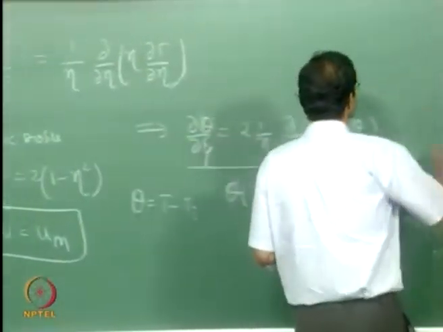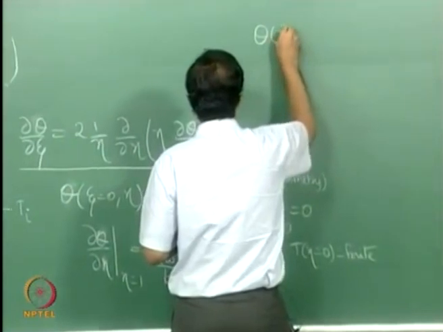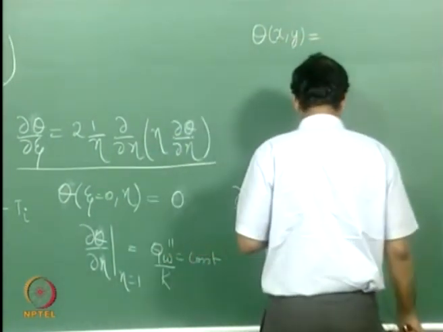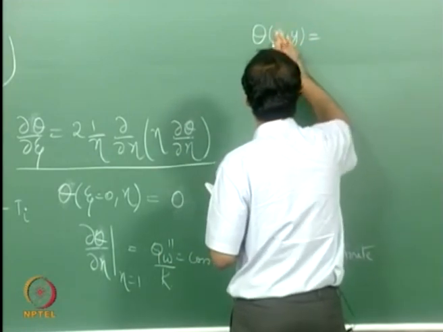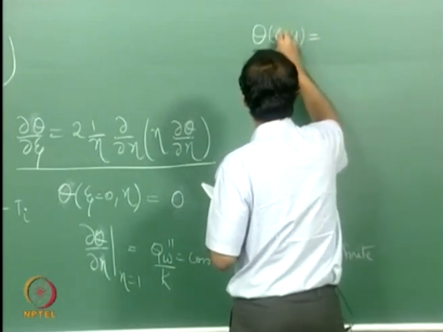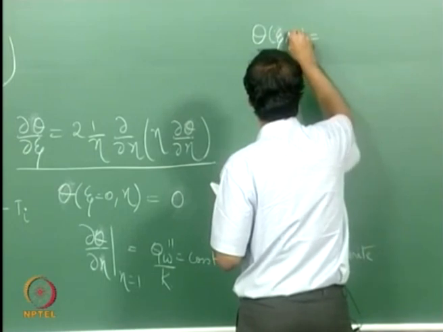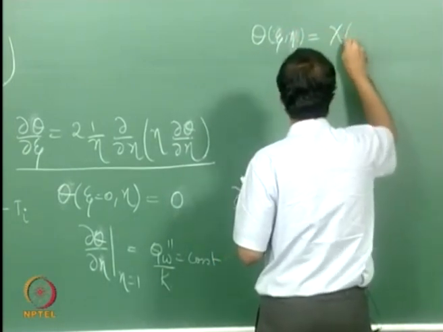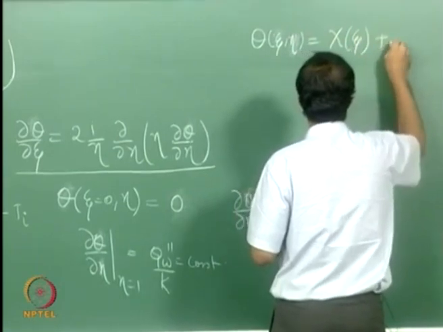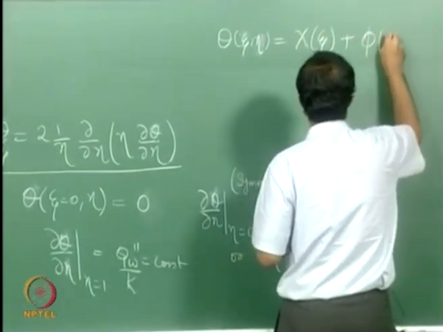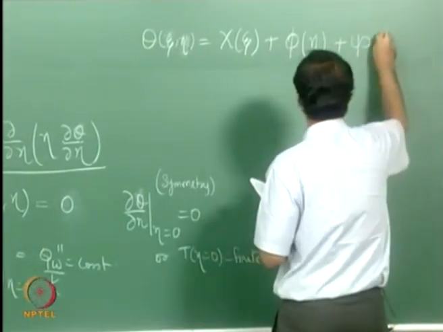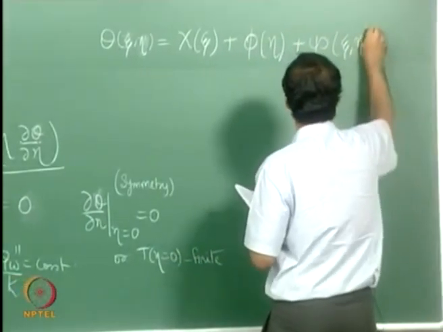Now I am going to assume that theta of zeta comma eta can be written as some capital X, which is a function of zeta, plus phi, which is a function of only eta, plus a perturbation which is a function of both zeta and eta.